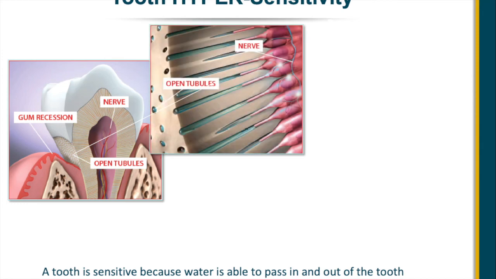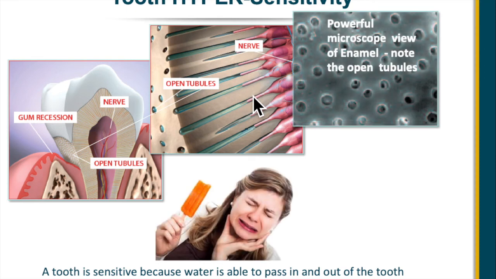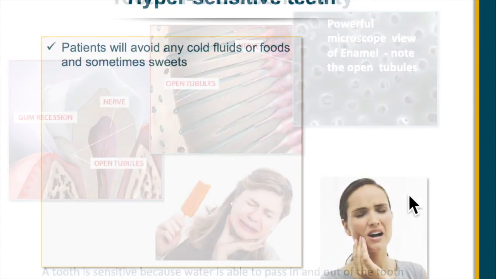We're going to zoom in really close to the dentin and see that the pulp actually extends nerve fibers out into the tubules, and when water moves through that tooth, it can cause that sensitivity. If you were to zoom in even closer, in this powerful microscope view, these little tubules look like this in real life. Those are millions of little tubes. But that tooth is sensitive because water passes in and out, and it can be very painful.